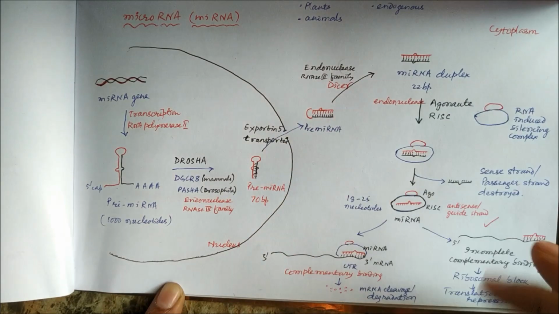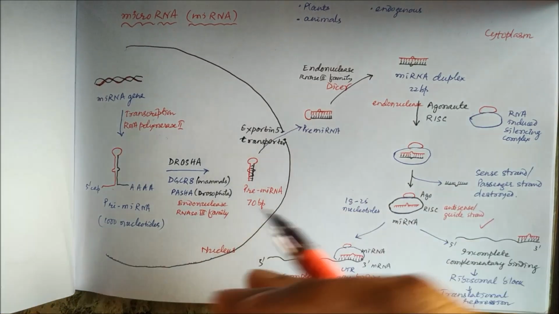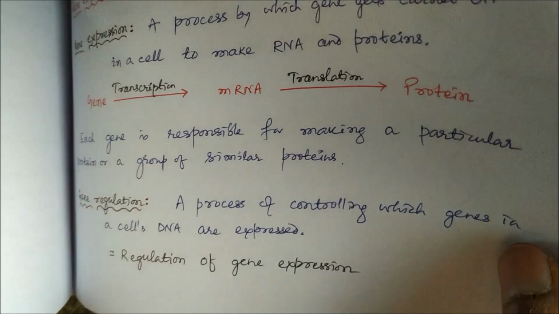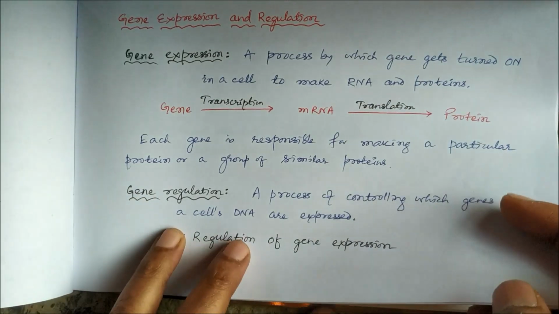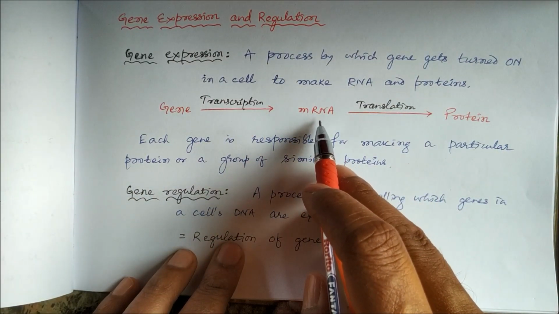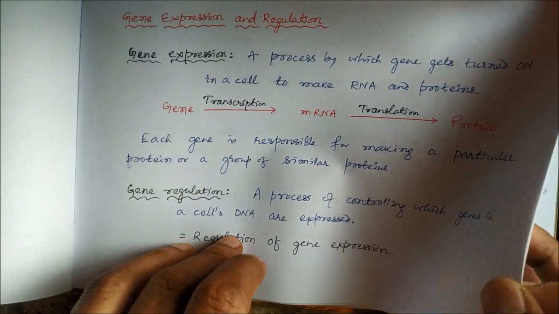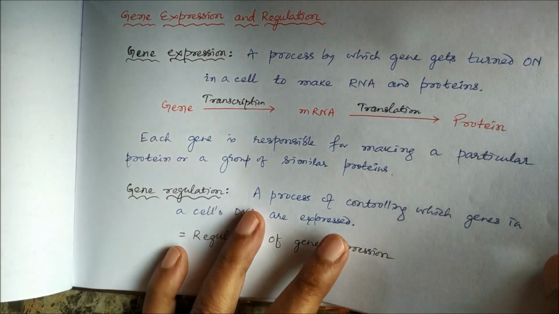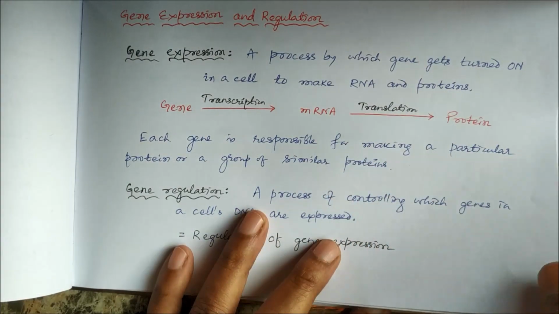So in this way, in gene expression, the DNA or gene is transcribed to the respective messenger RNA, which is translated into the protein, and that cannot occur because this mRNA is either degraded or the translation process is stopped.